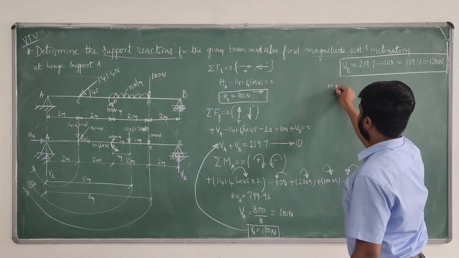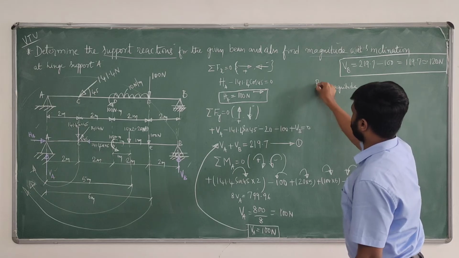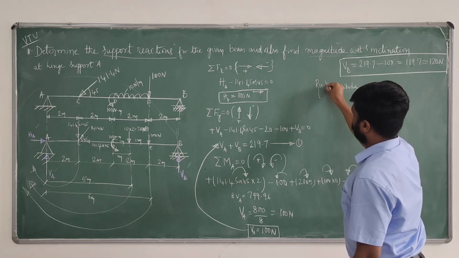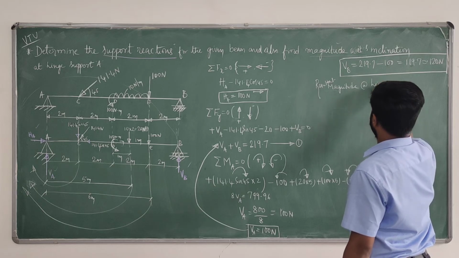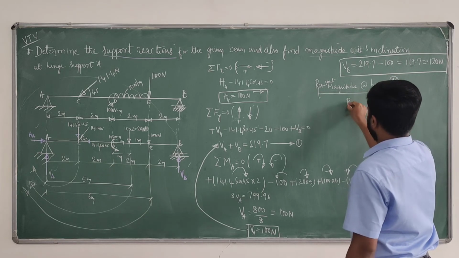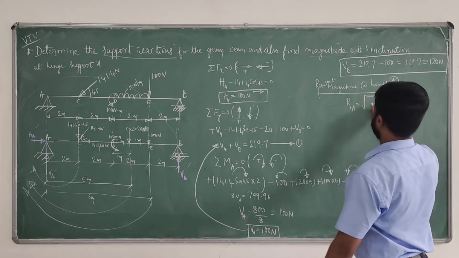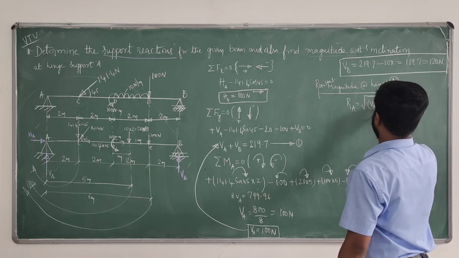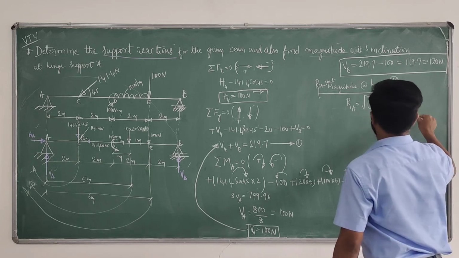So the magnitude, that is the resultant magnitude at hinge A: RA equals square root of VA square plus HA square.